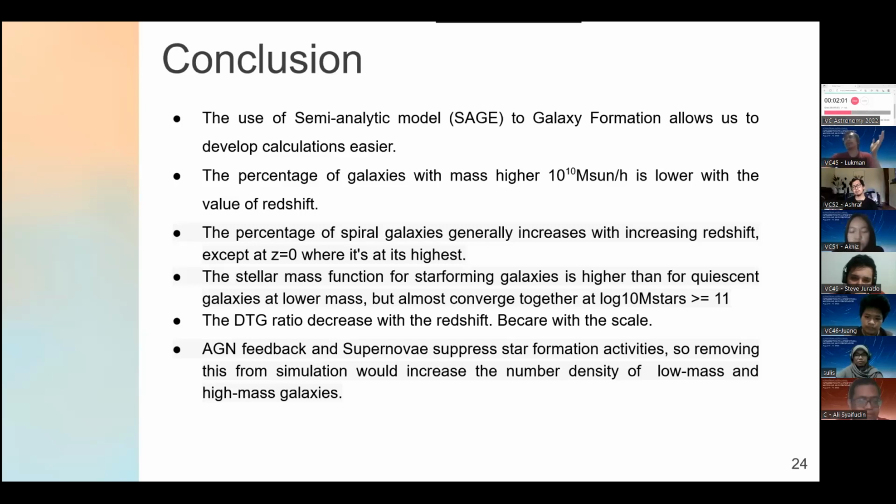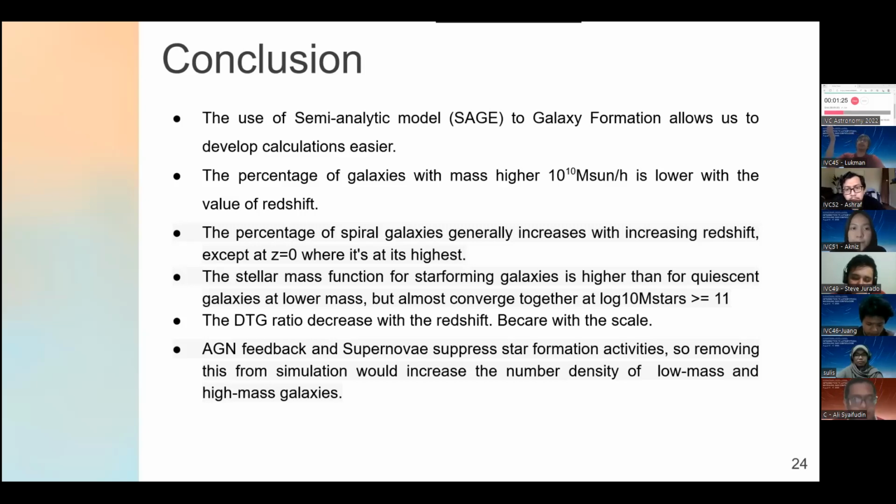With that in mind, thinking about the question about the percentage of spiral galaxies, generally it's been said that spiral galaxies were created in the early universe, and then after some time we have spiral galaxy mergers, and when we have these mergers, they become elliptical galaxies, and we can see that in our graph.